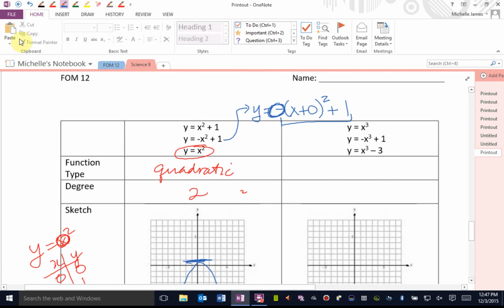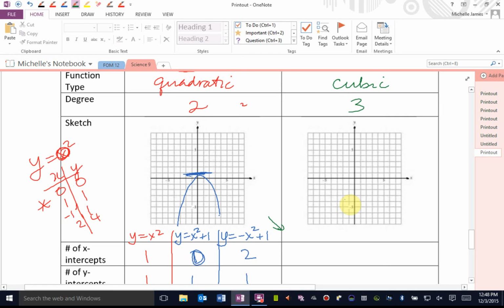Because these have an exponent of 3, they're cubic, because the highest exponent, or the degree, is 3. So let's go ahead and graph y equals x cubed on your graphing calculator.